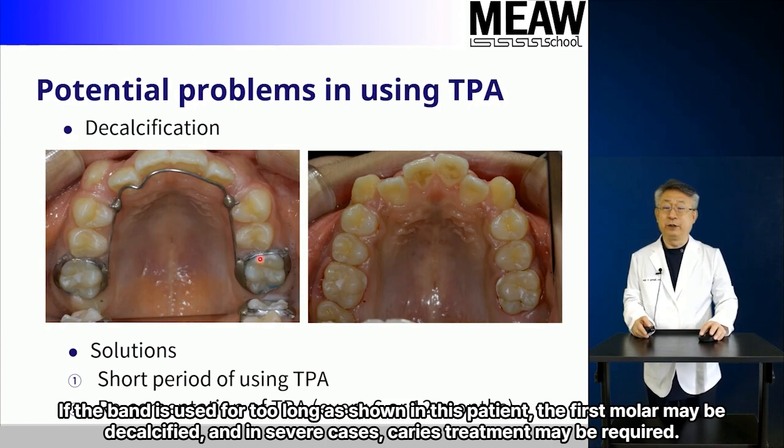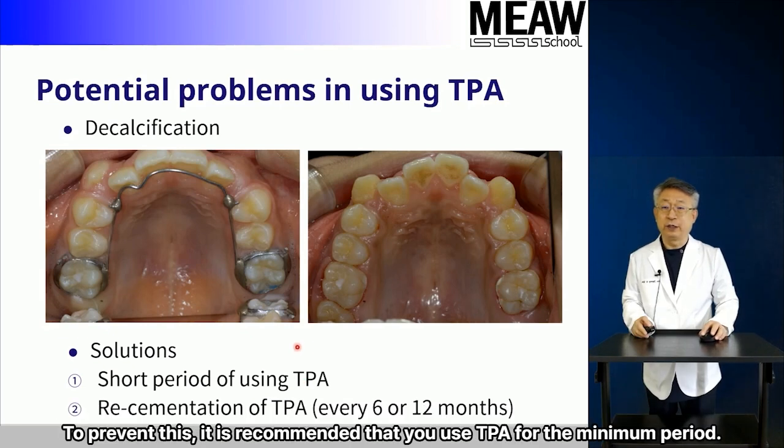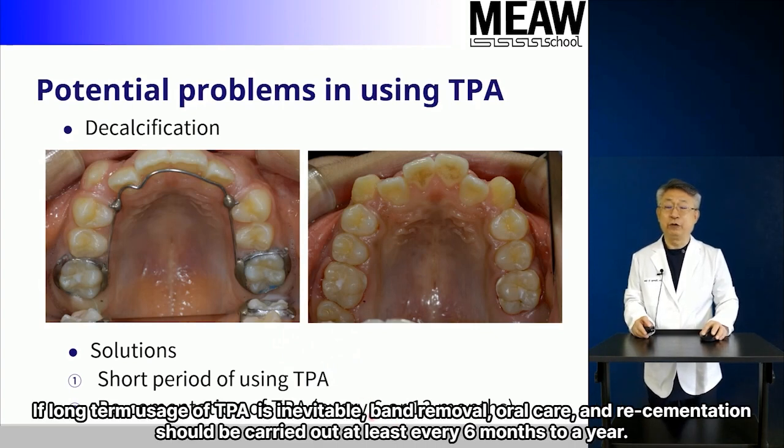If the band is used for too long as shown in this patient, the first molar may be decalcified, and in severe cases, caries treatment may be required. To prevent this, it is recommended that you use TPA for the minimum period. If long-term usage of TPA is inevitable, band removal, oral care, and re-cementation should be carried out at least every 6 months to a year.